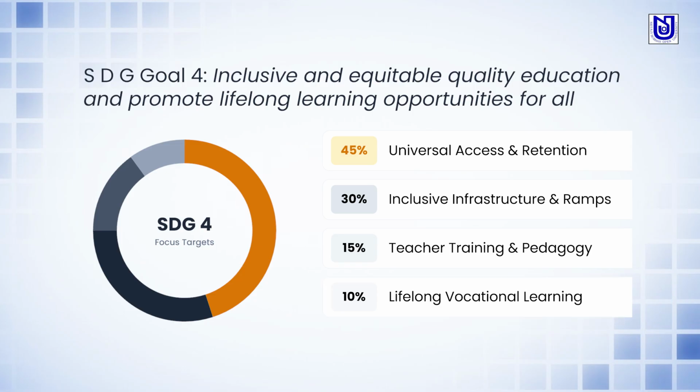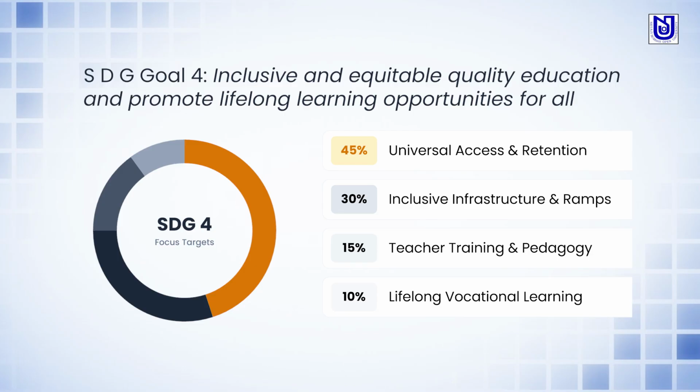So we see that although universal access and retention or inclusive infrastructure has grown to a considerable extent, compared to that, the training of the teachers, the reformulations of the curriculum and pedagogy, as well as the policies of lifelong vocational learning practices still have a long path to go to achieve SDG 4.